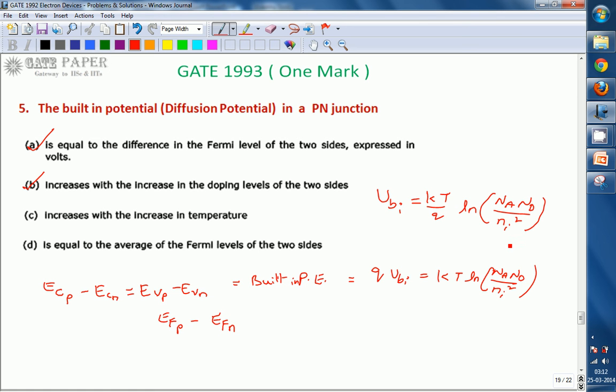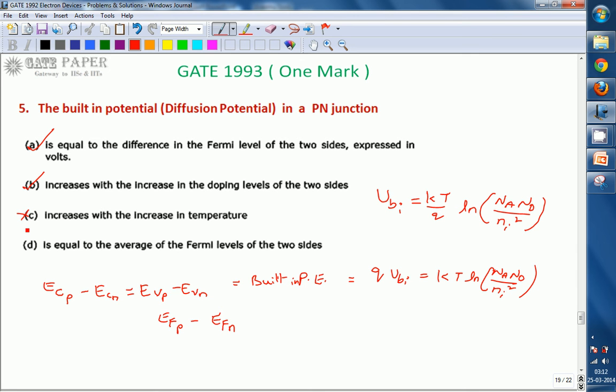As temperature increases, more covalent bonds break, which creates more minority carriers, meaning the intrinsic carrier concentration increases. As Ni increases, the denominator increases, but the numerator is constant. So Vbi reduces. So C is not the right answer, because as temperature increases, Vbi reduces.